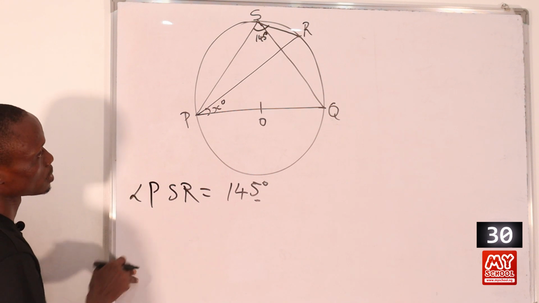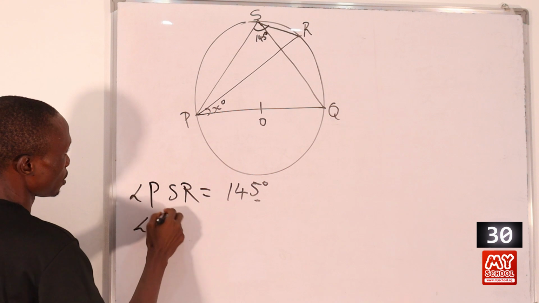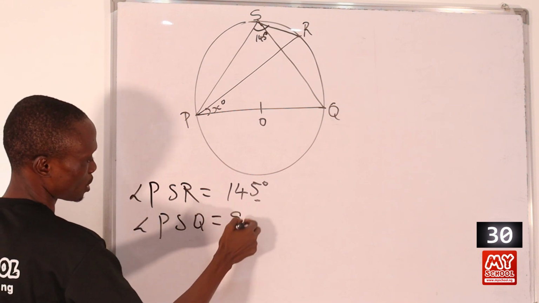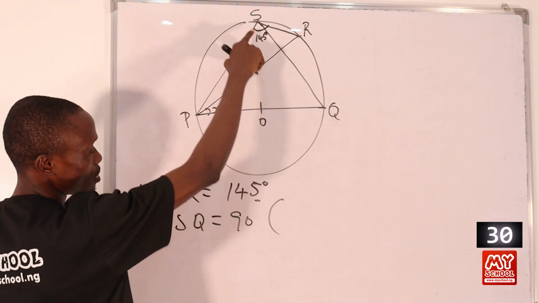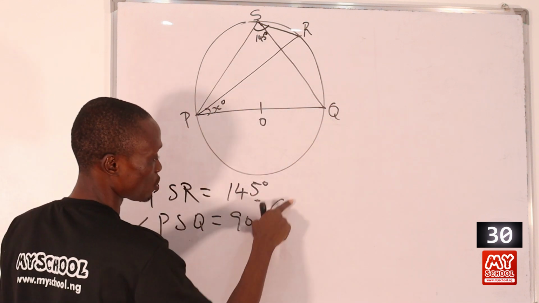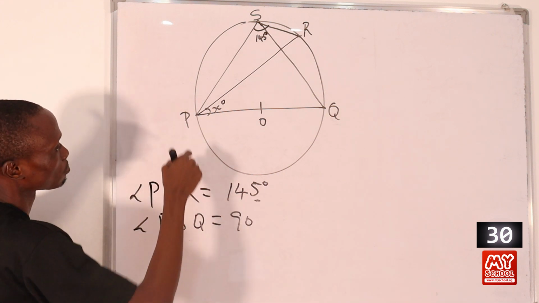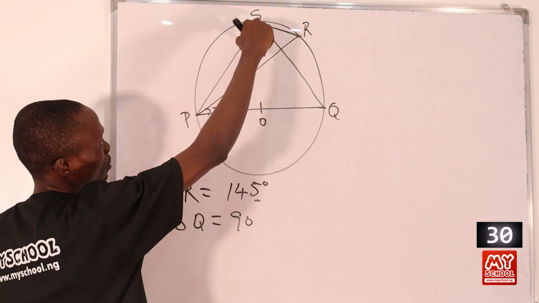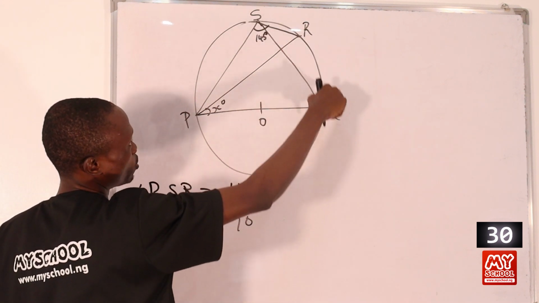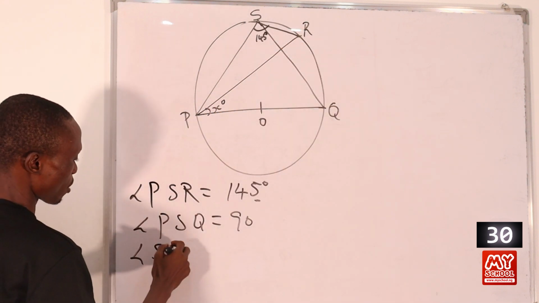Remember that angle PSQ is equals to 90 degrees, and the reason is this is angle in a semicircle. Angle in a semicircle is equals to 90 degrees, so take note of that. But now what we are actually calculating for is angle SRQ.